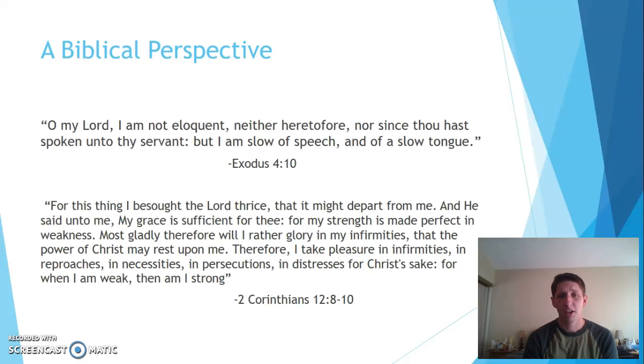Heavenly Father called him to be a prophet, and he said, "I'm slow of speech and of a slow tongue," was his first thought, not facing Pharaoh or any of the other things that he would see in Egypt. Paul also talked about how his infirmities prevented him, although he never really mentioned what it was. He did say that when he is weak, then he is strong.